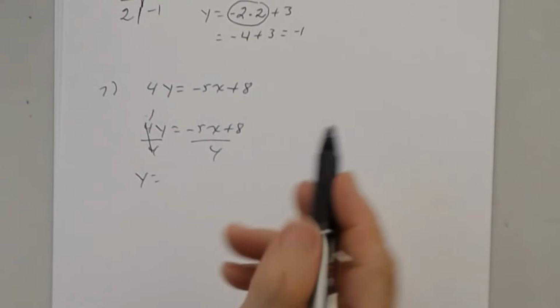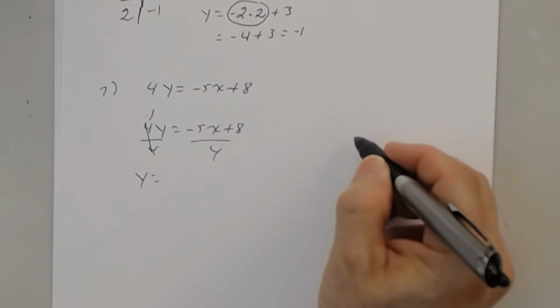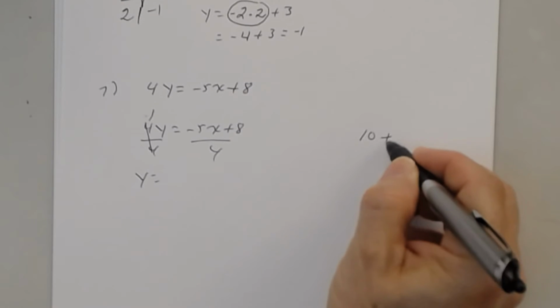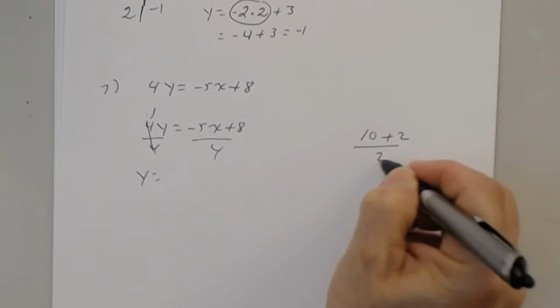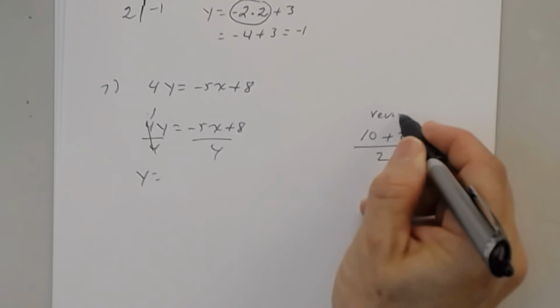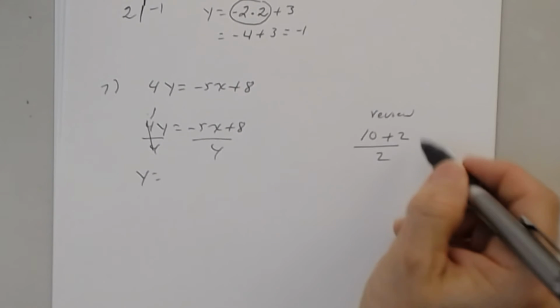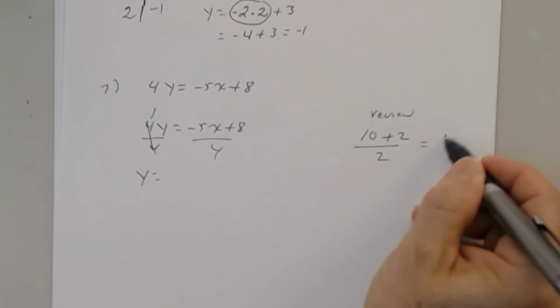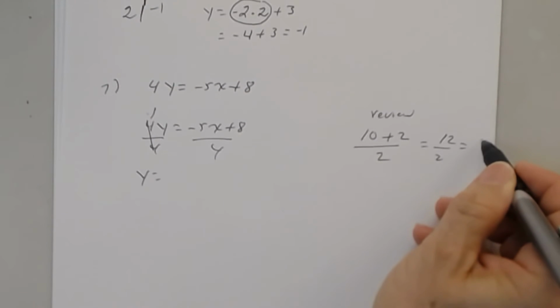Okay, so let's kind of review something. If I have 10 plus 2 divided by 2, let's suppose I had that. Just kind of review. 10 plus 2 is 12. 12 divided by 2 is 6.